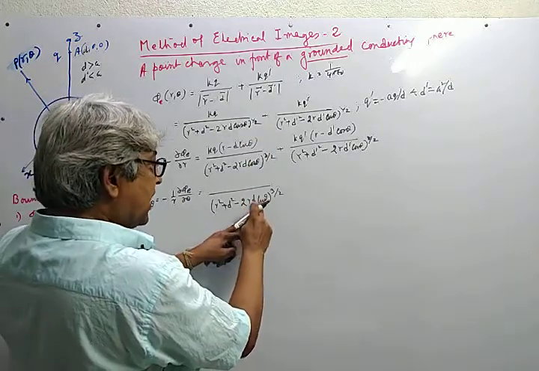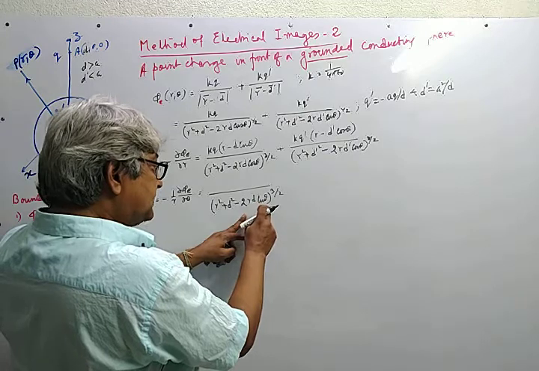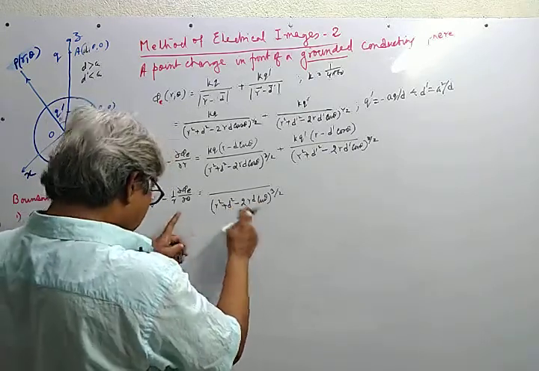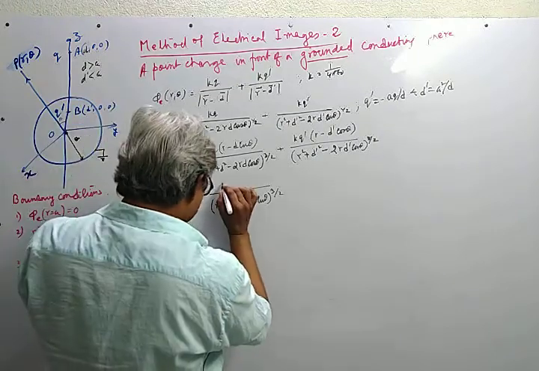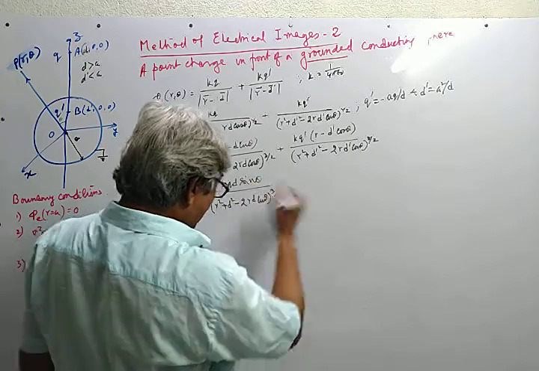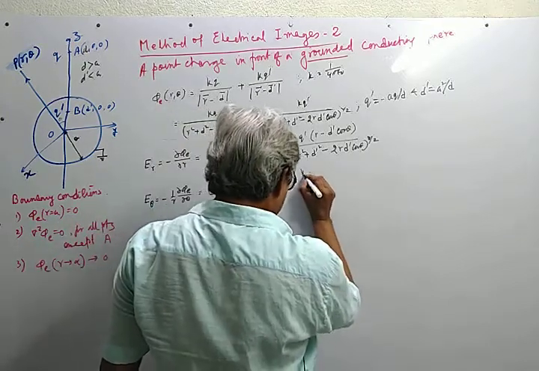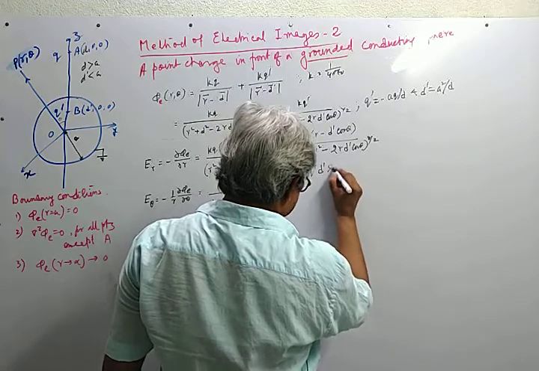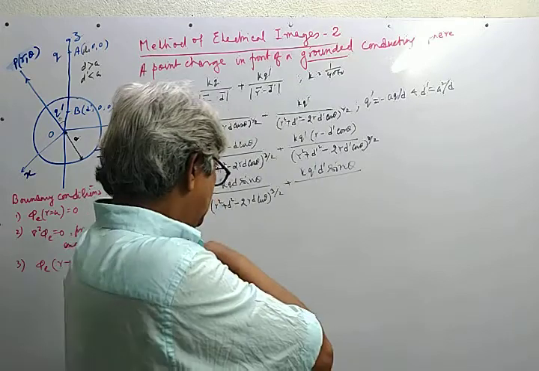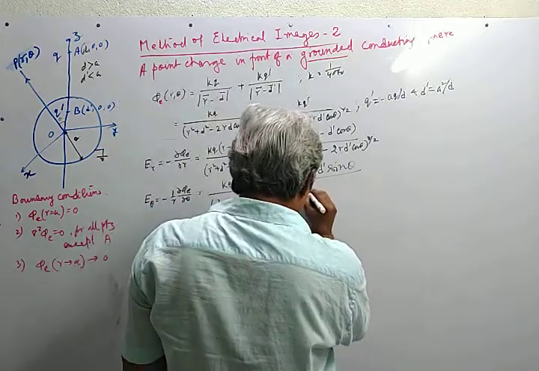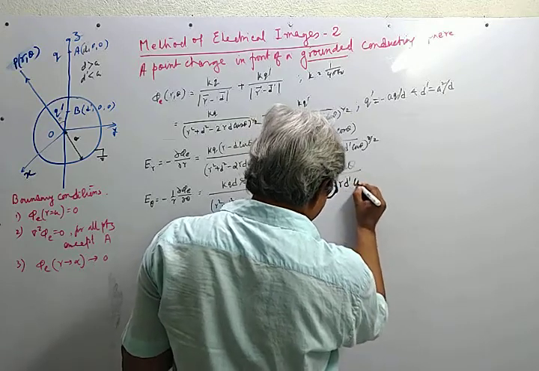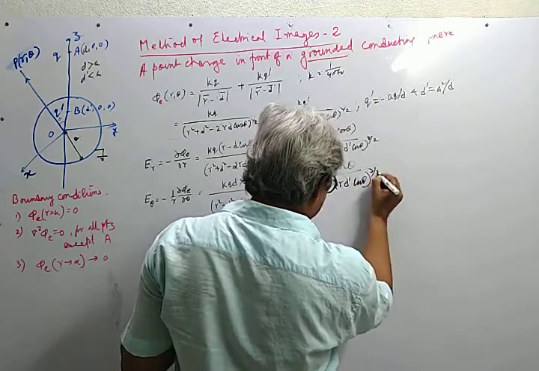So this is RD sine theta. This minus sign will adjust with this, and this R will be cancelled with this. So this would be KQ D sine theta, and the similar term is KQ prime D prime sine theta divided by R square plus D prime square minus twice R D prime cos theta to the power 3 by 2.